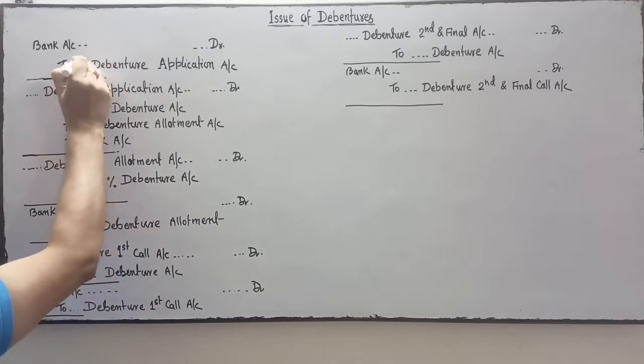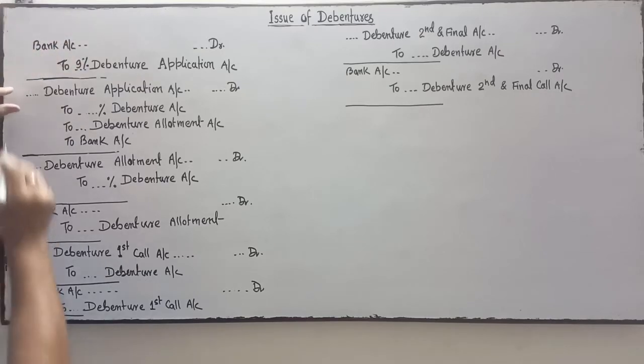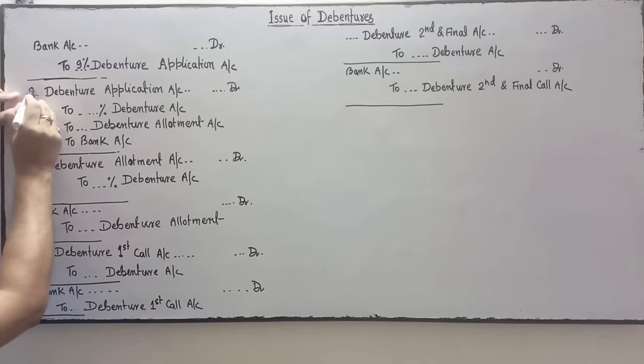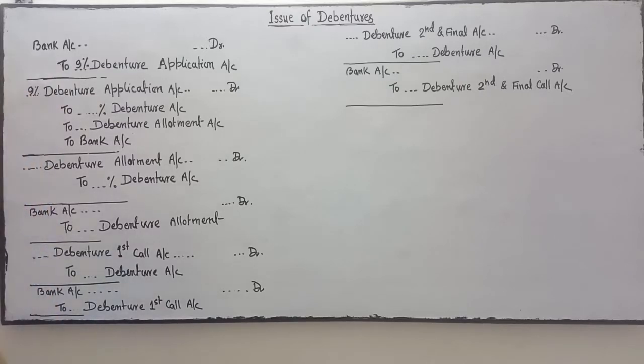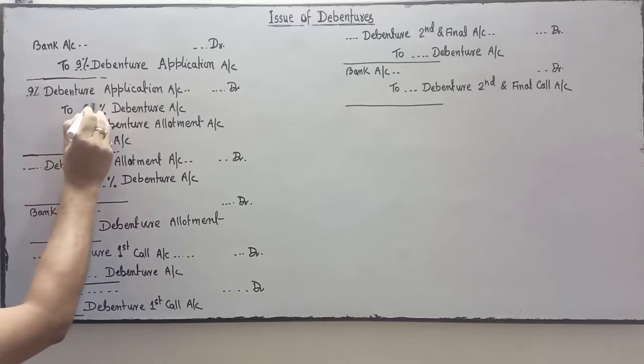If the rate of interest on debenture is 9%, then we write 9% debenture application, bank account debit to 9% debenture application. Then this 9% debenture application, in case of oversubscription, will be transferred to the 9% debenture account.